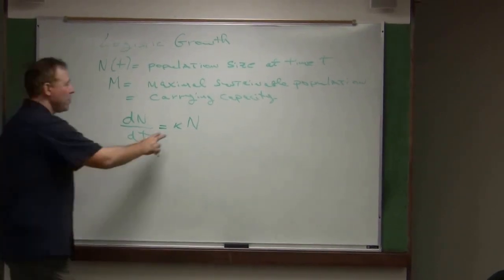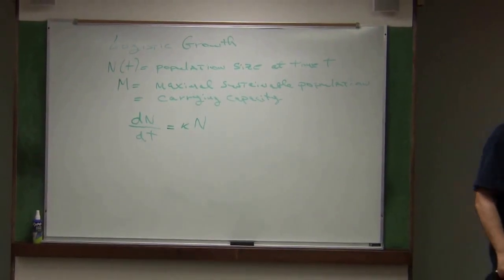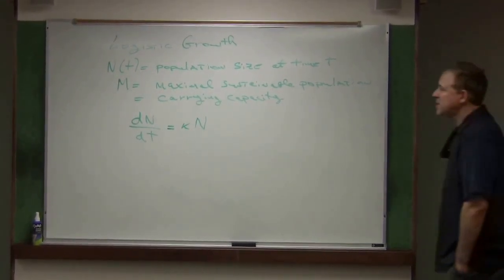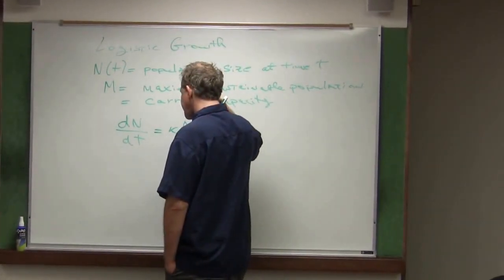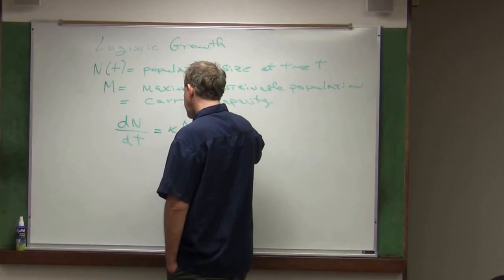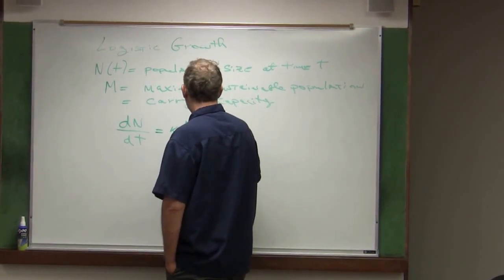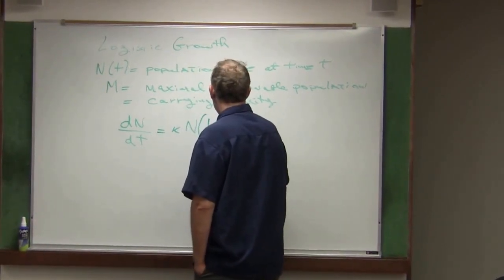So it's going to be proportional to N. It's some constant, say k, times N. But you also have to look at 1 minus N over M.